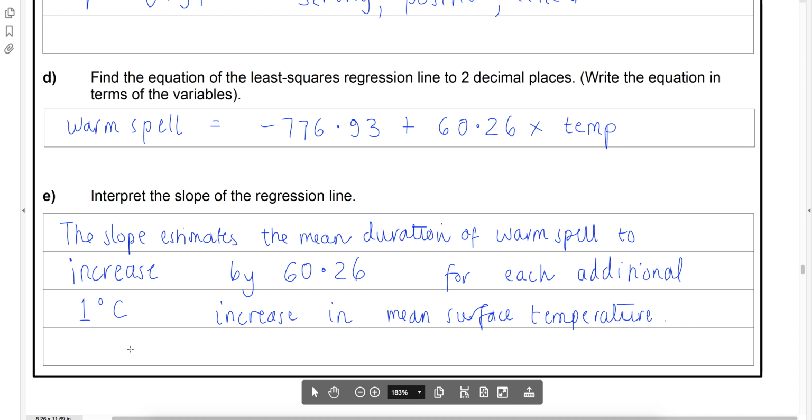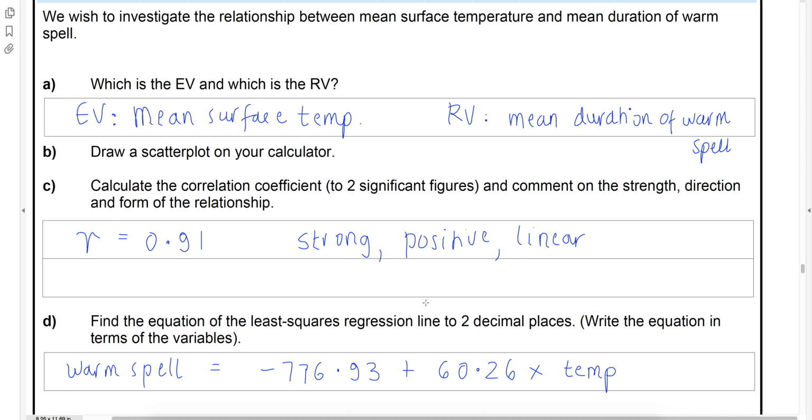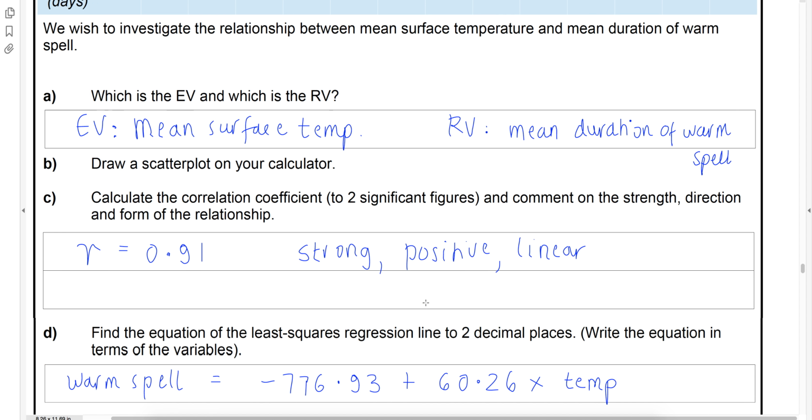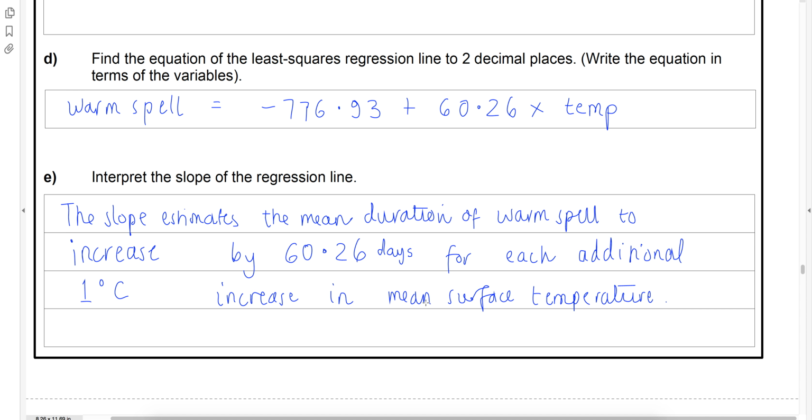So every time the surface temperature increases by 1 degree Celsius, the mean duration of the warm spell is increased by 60.26. And I'll put a little unit in there because it's in days, I believe. If we just check that, yes, it is in days. So make sure you use the units as well in your slope interpretation.